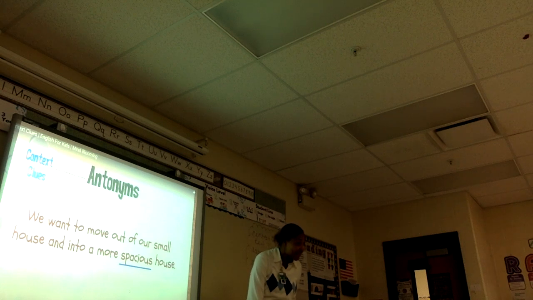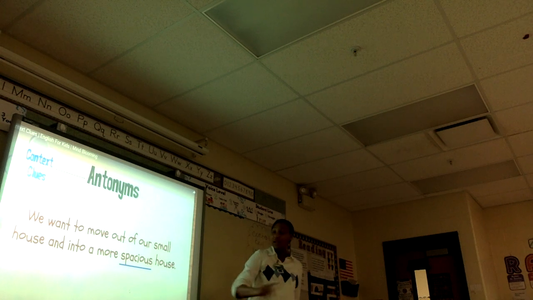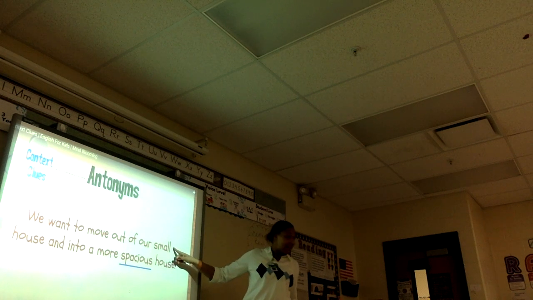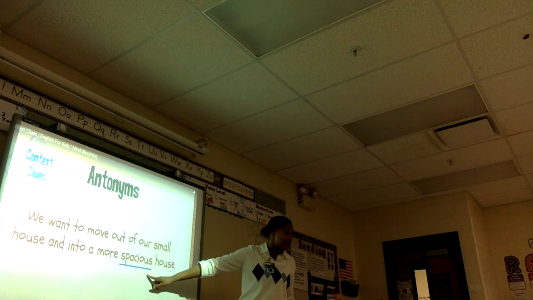One room in a tiny house? Okay, how many bathrooms in a tiny house? One. Now, look, Destiny. You're going from a tiny house with a 1-bedroom, maybe 2, and 1 bathroom to a spacious house. You get it? Okay.